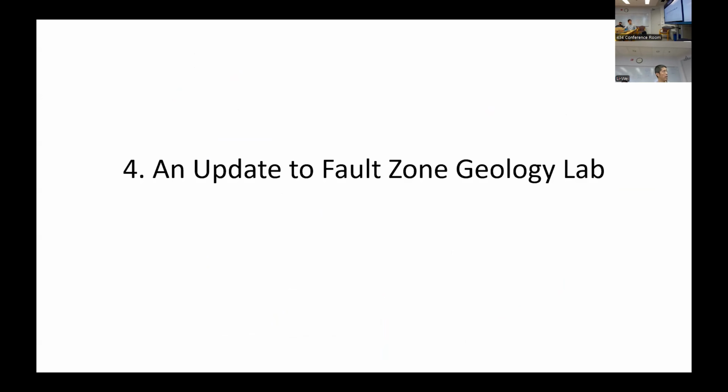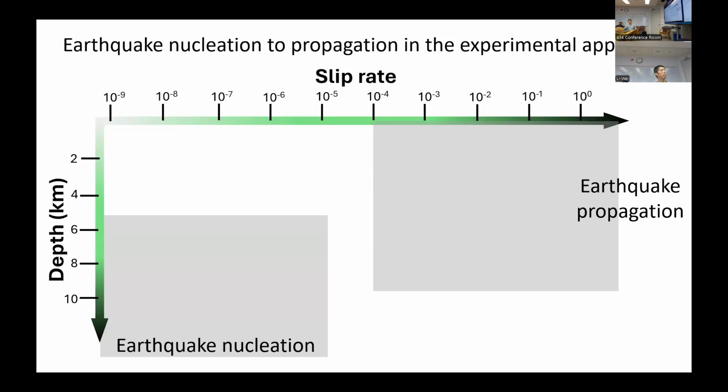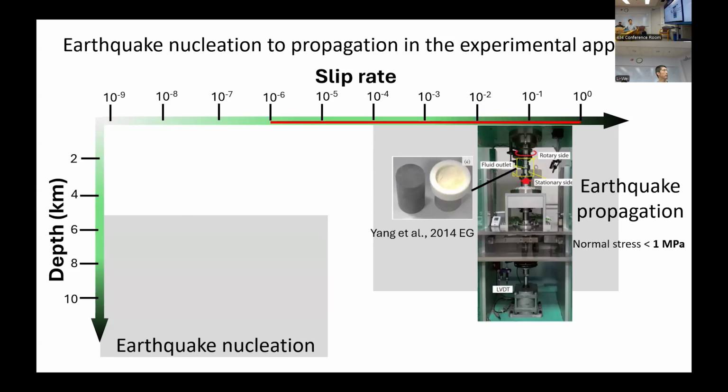So what we have done, if you realize we are talking about different kinds of slip rates and trying to mimic them, so we have to increase normal stress. In this case, you can roughly split it into two parts: one is earthquake nucleation and one is earthquake propagation.